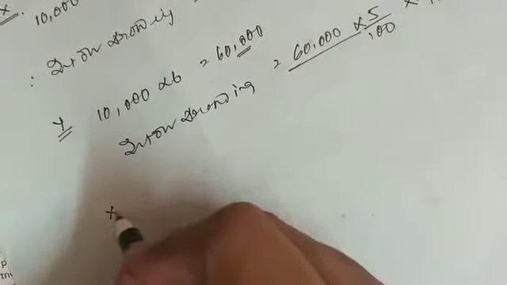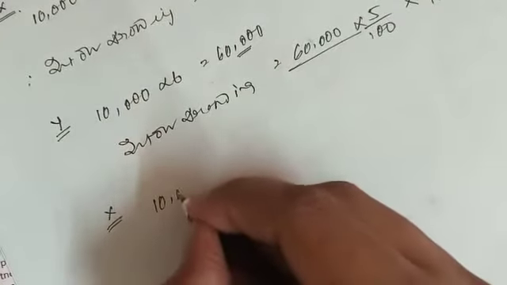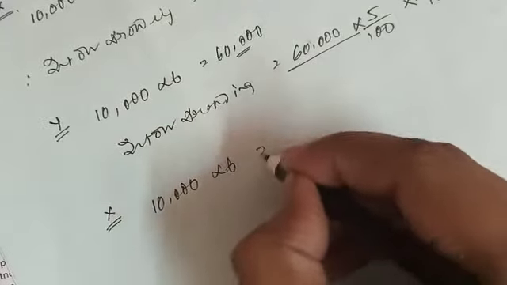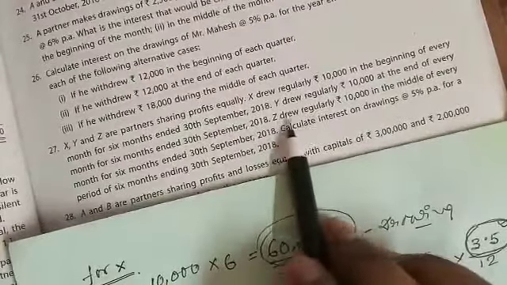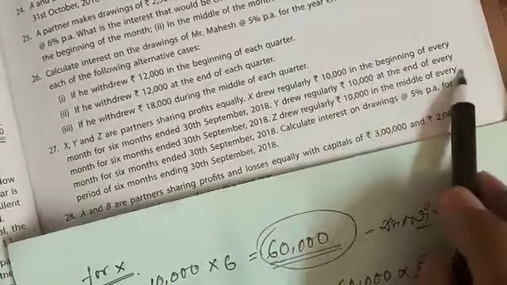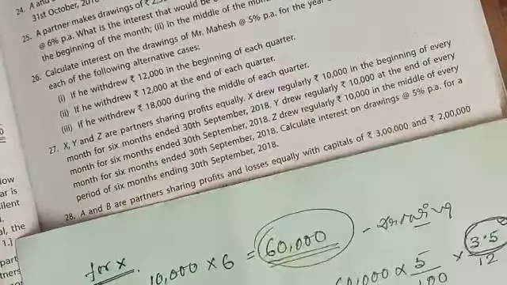And the third, Z also draws 10,000 for 6 months, that is 60,000. But Z draws in the middle of every month, for a 6 month period.